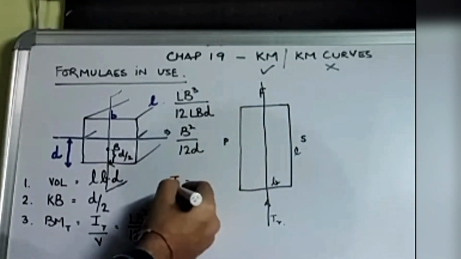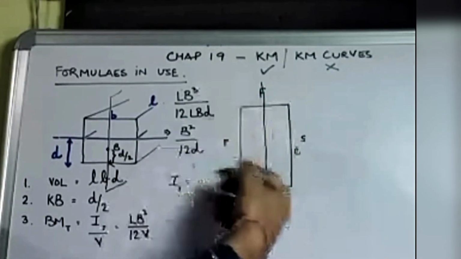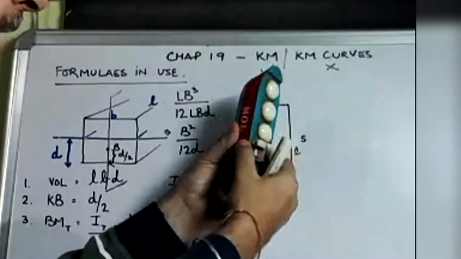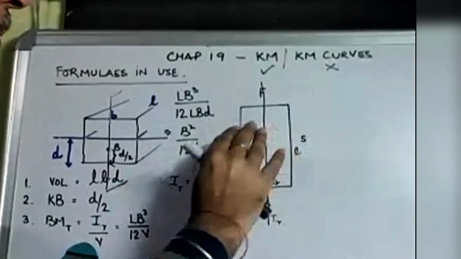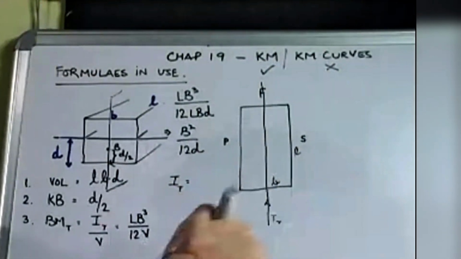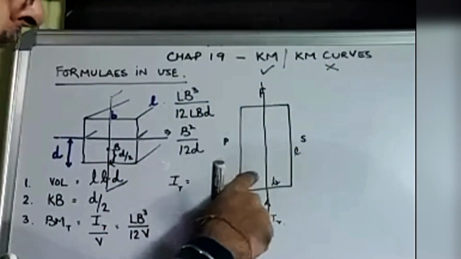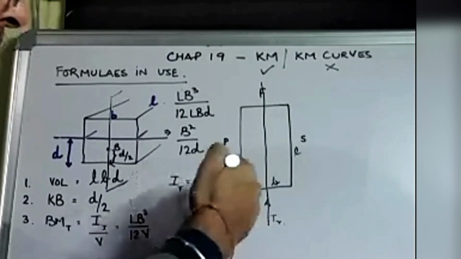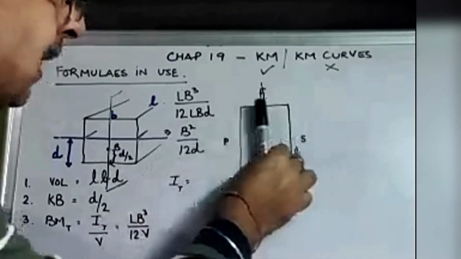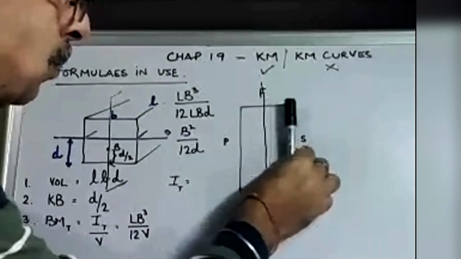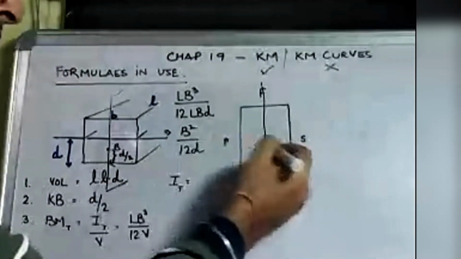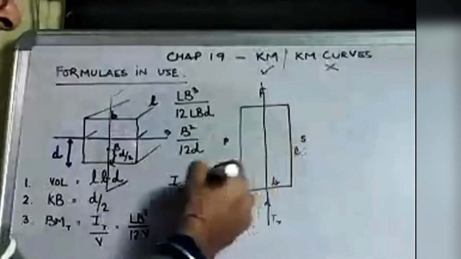IT, moment of inertia, second moment of waterplane area. If I rotate this waterplane area twice about this axis, second moment, I will get moment of inertia. The side which is parallel to the axis is powered as 1, which is that side, length.